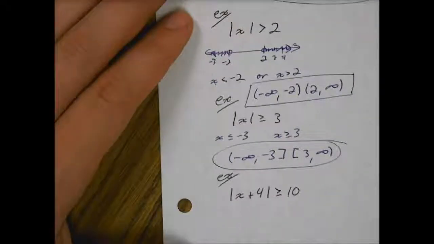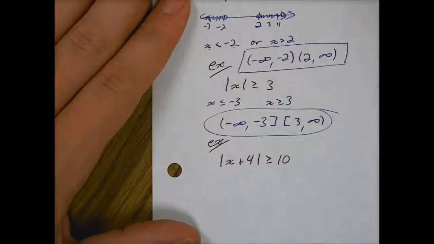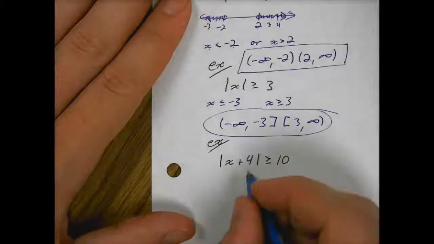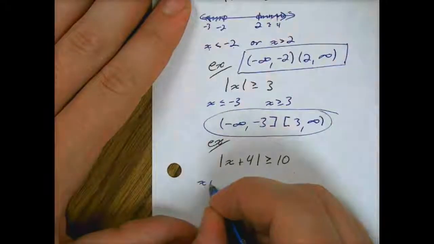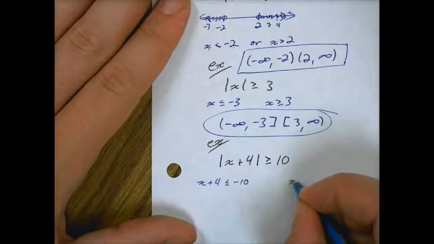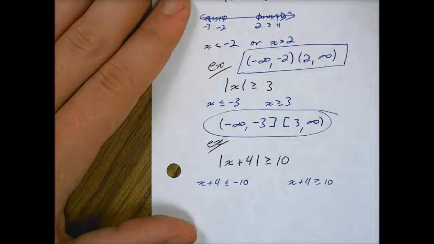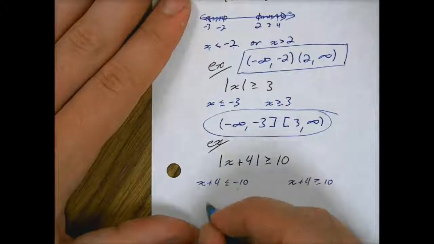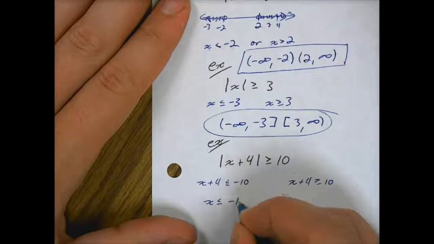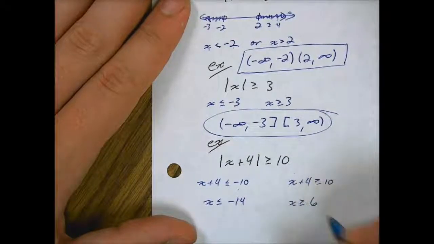All right. Just like we saw on the equals, we can also have inequalities with some other numbers thrown in there. So same sort of deal. x plus 4 less than or equal to negative 10, and x plus 4 greater than or equal to 10. So subtract your 4, x is less than or equal to negative 14, and subtract 4, so x is greater than or equal to 6.